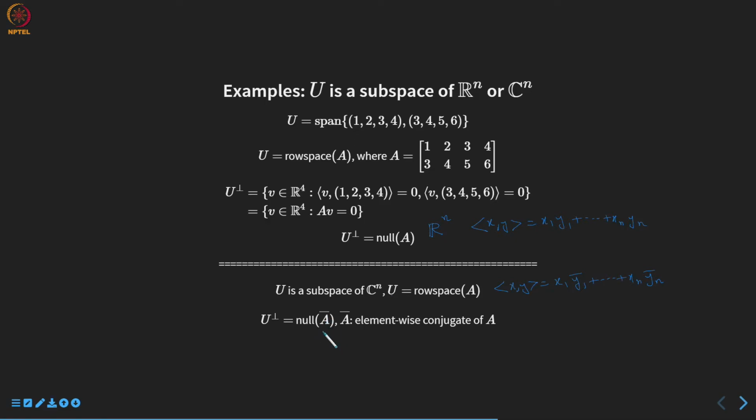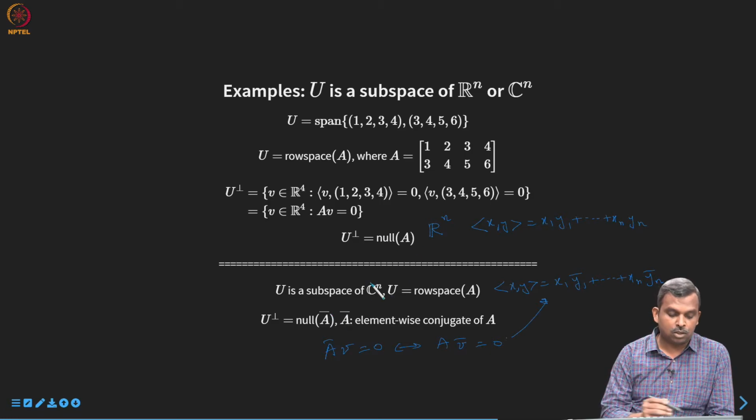Now what will happen if you have A bar V equal to 0? That is the same as A V bar equal to 0, and that will give you the inner product, so the proper inner product comes in. So in complex also there is a connection with the null space, except that you have to do an element-wise conjugate.